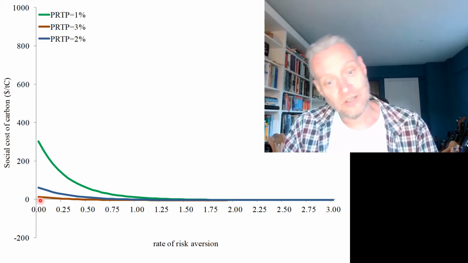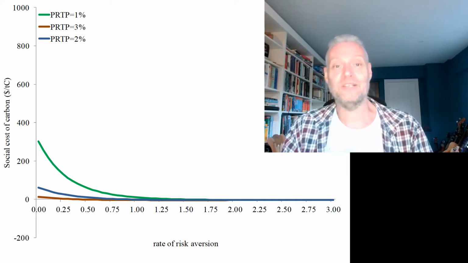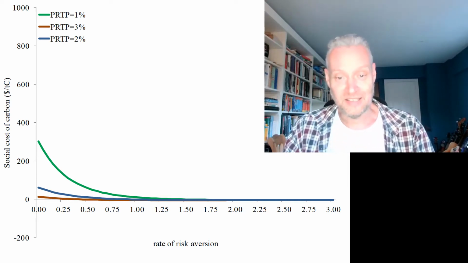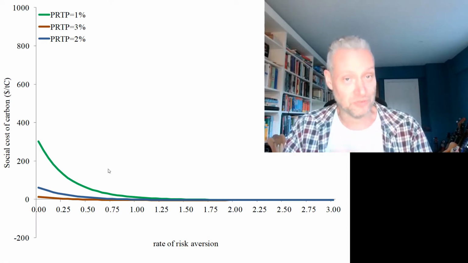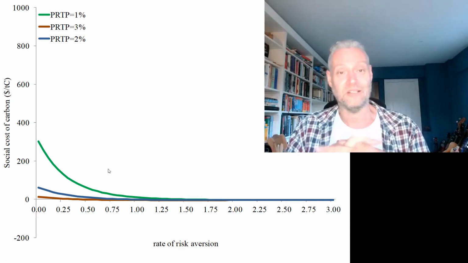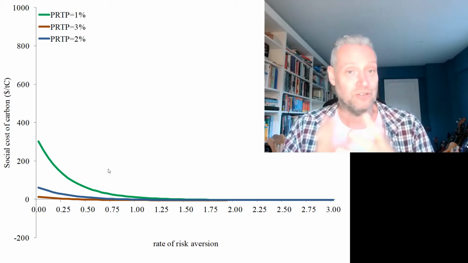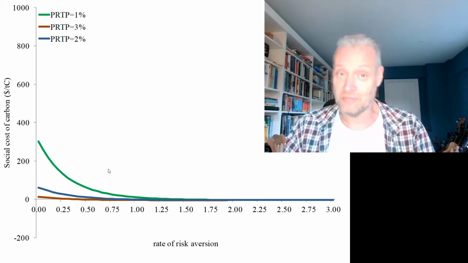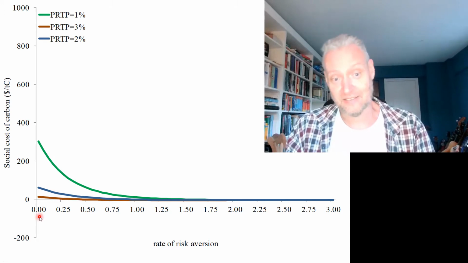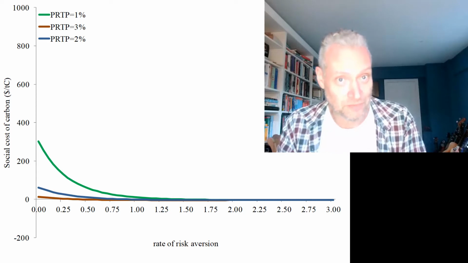Now, if you look this way, what you see is that the more curved the utility function becomes, the lower the social cost of carbon. And this follows from the Ramsey rule. The Ramsey rule says that the money discount rate R is the pure rate of time preference rho plus the curvature of the utility function eta times the growth rate of consumption G. That means that for given rho and for given G, the greater eta, that is we move to the right in this graph, the harder we discount the future.